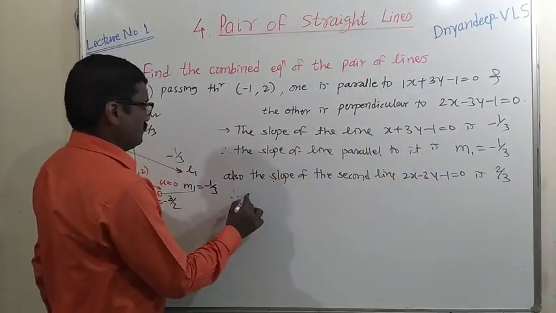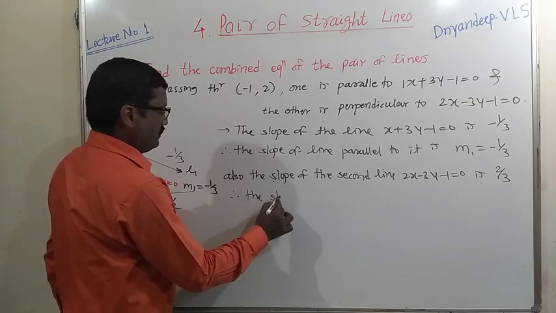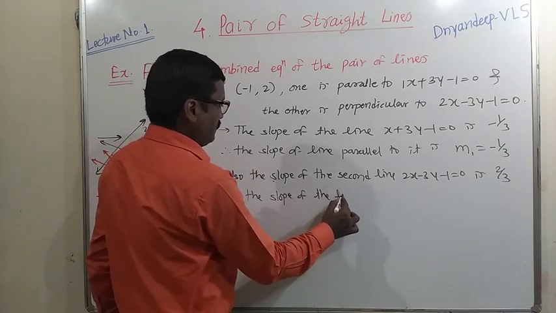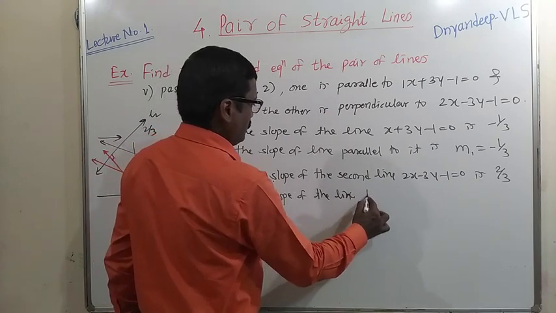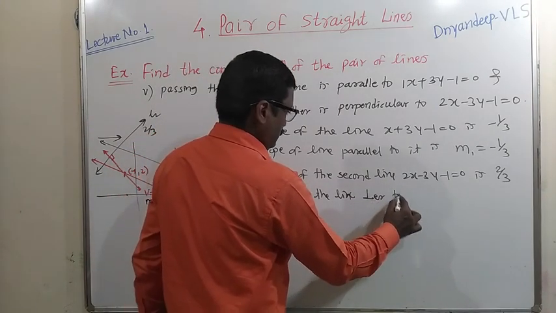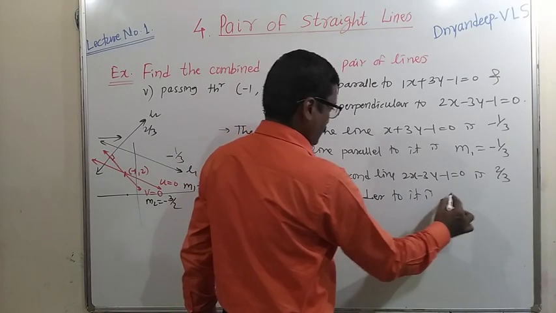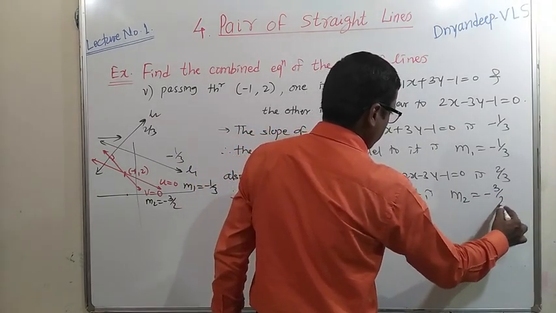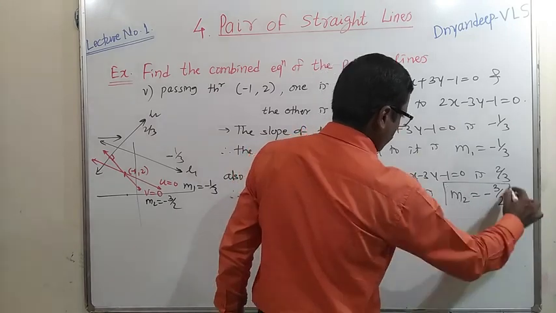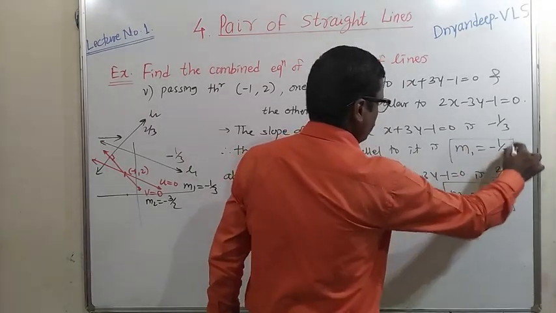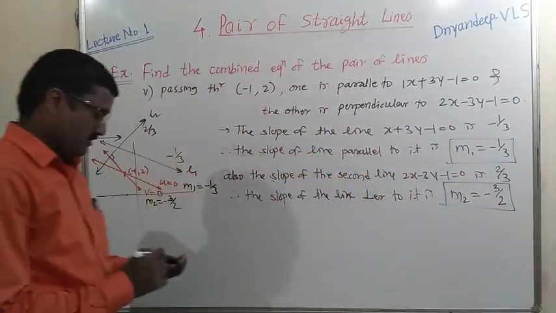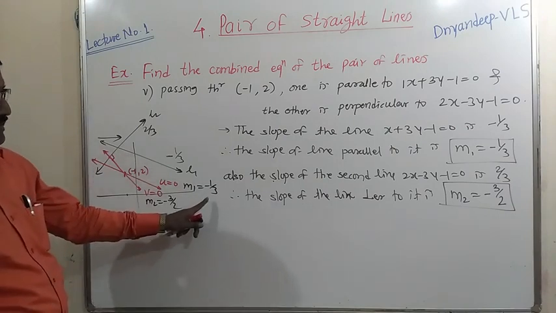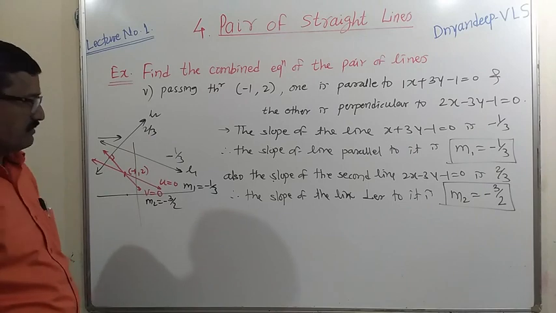Therefore, the slope of the line perpendicular to it is m2 equal to -3/2. So these are two important numbers that we need to find the equations of the lines.